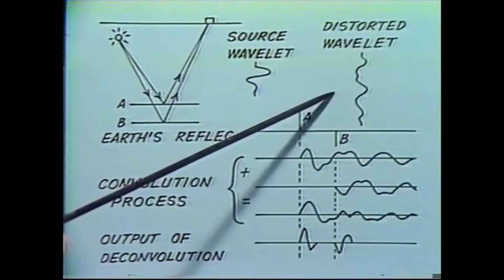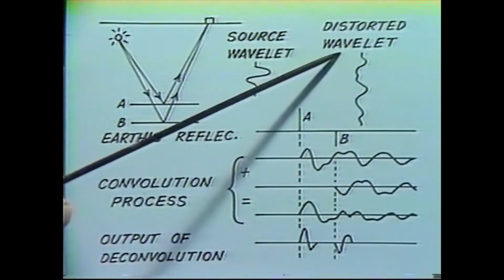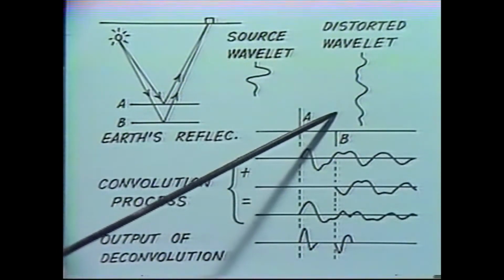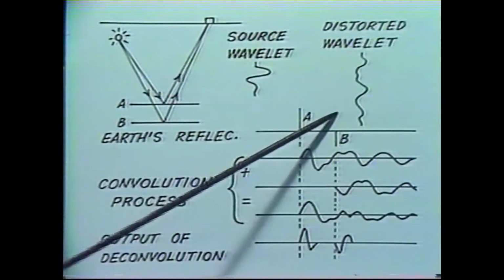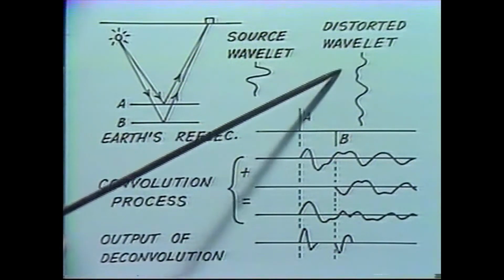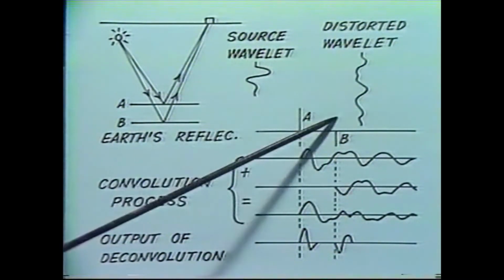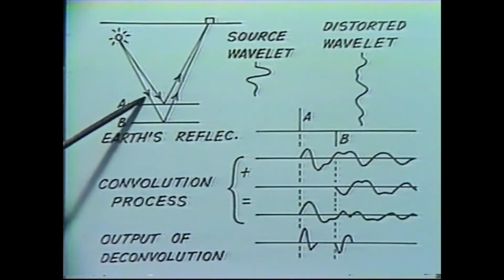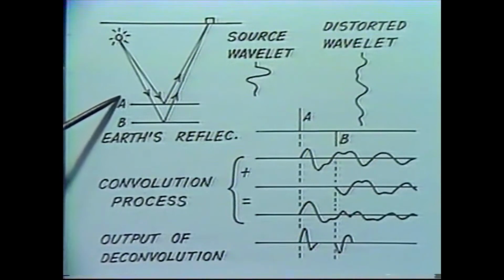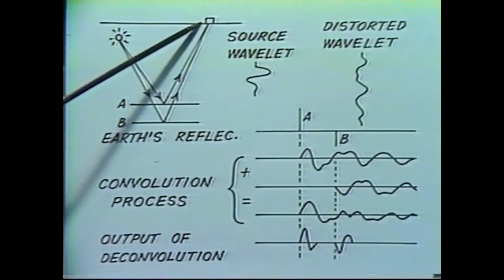The distorted effective shot pulse is illustrated over here, where all the distortions due to ghosts, reverberations, the instrument effects, and to some extent transmission and absorption effects have been included. The energy from the source goes down into the subsurface and is here reflected from two reflectors, call them A and B, and then returns to our receiver on the surface.